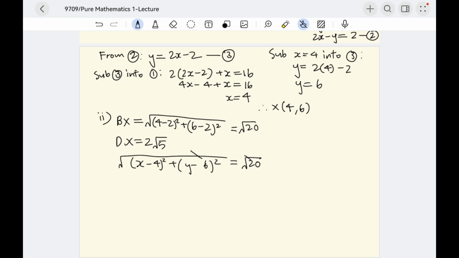Expand this one, so I have x squared minus 8x plus 16, y squared minus 12y plus 36 equals 20. So I have x squared plus y squared minus 8x minus 12y plus 32 equals 0 as equation 1.